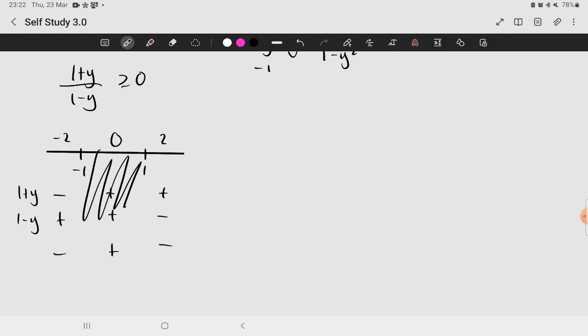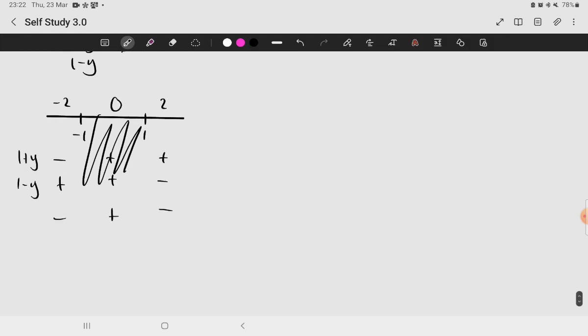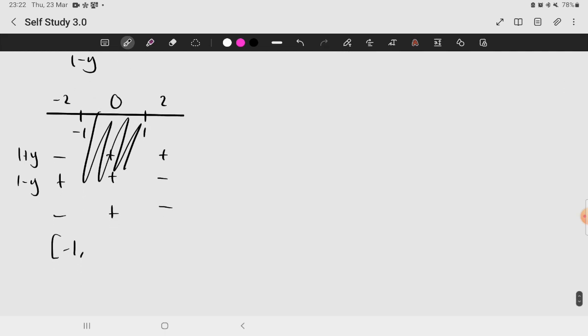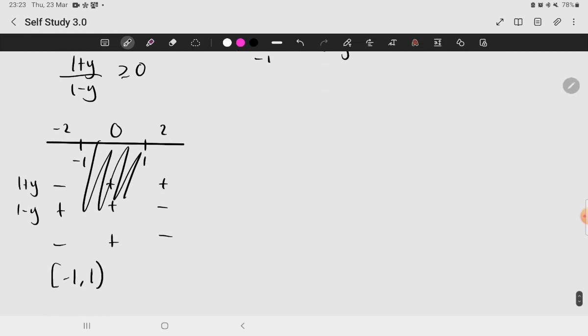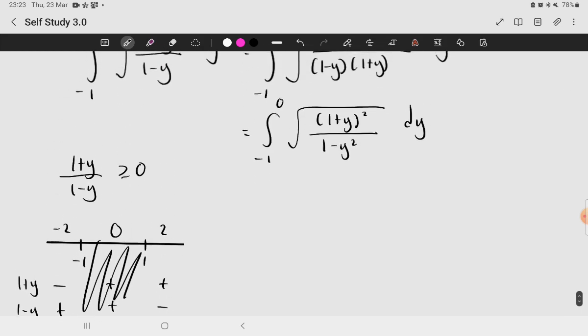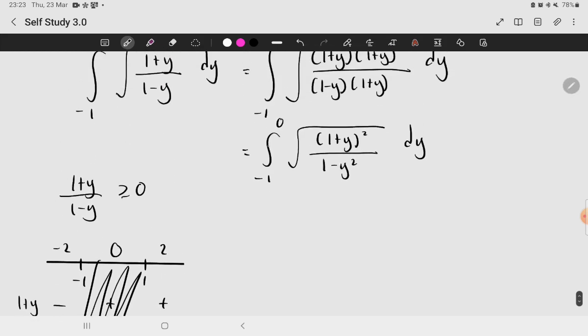So that means -1 can be included in the domain because it still satisfies the inequality. So it will be -1, and then 1, unfortunately, is undefined. Therefore, y can't be 1, so we have to write the open interval. So the domain here, as you can see, matches the lower and upper boundary for our integral.